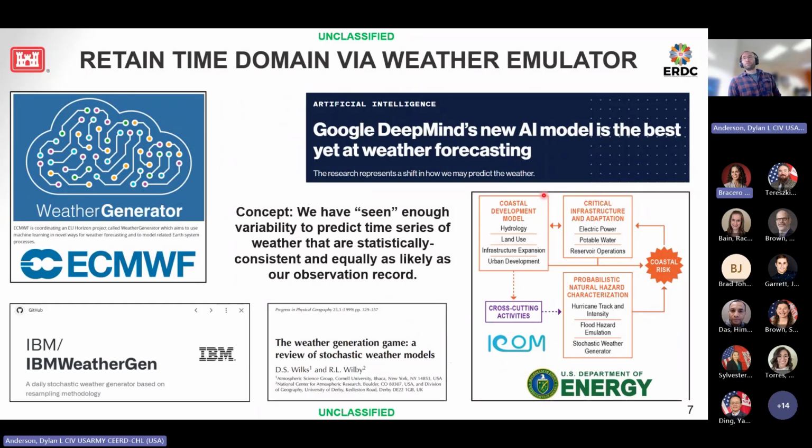So the concept: we have seen enough variability in our historical climate that we actually could use weather as the primary predictor of these downscaled parameters, right? Every single one of these, the winds, the waves, the water levels, the sea surface temperature anomalies, the precip, all of that essentially is just a product of weather.